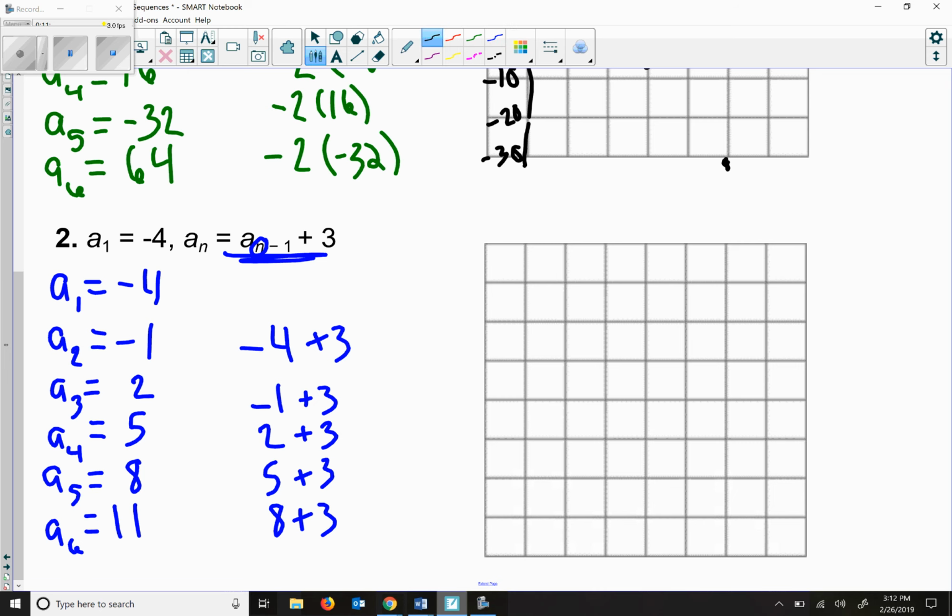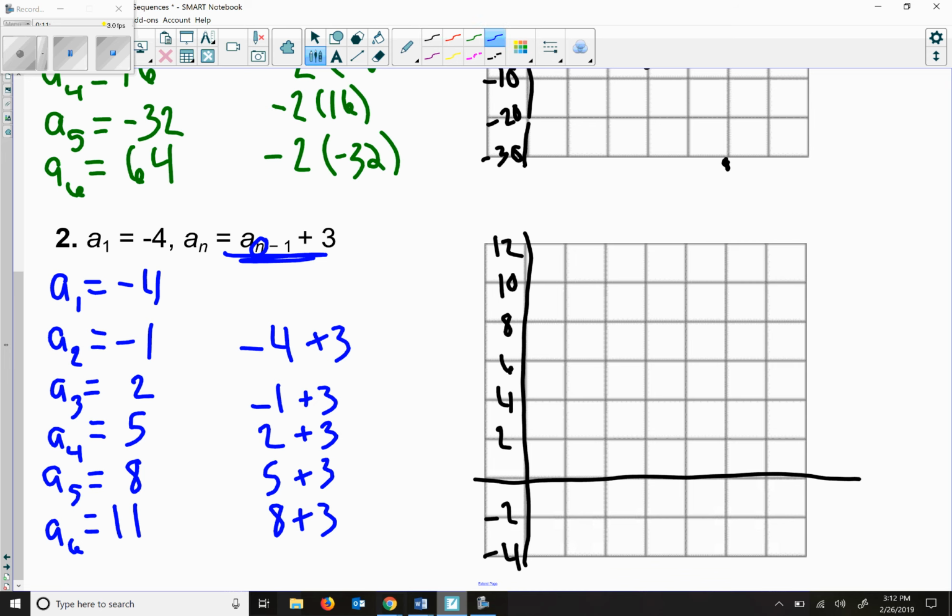All right, so again, I'm just going to create this graph. I'm going to have the scale go up by 2s. So I'm going to do -2, -4, 2, 4, 6, 8, 10, 12.